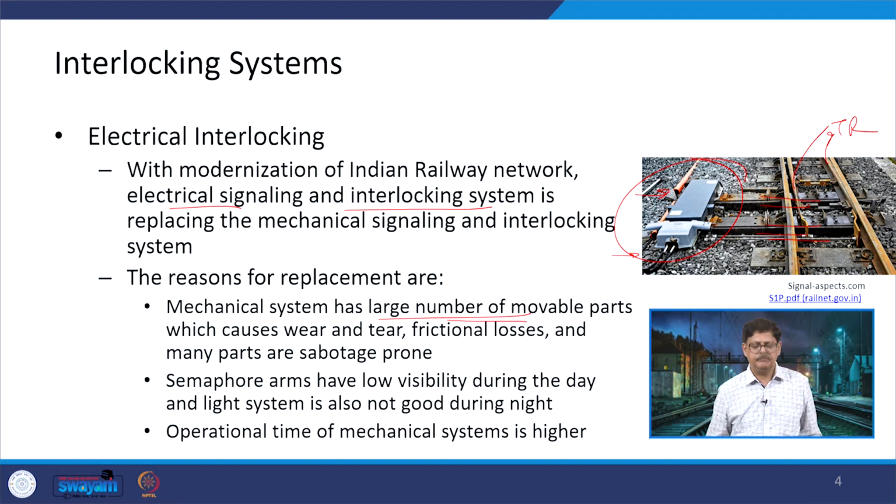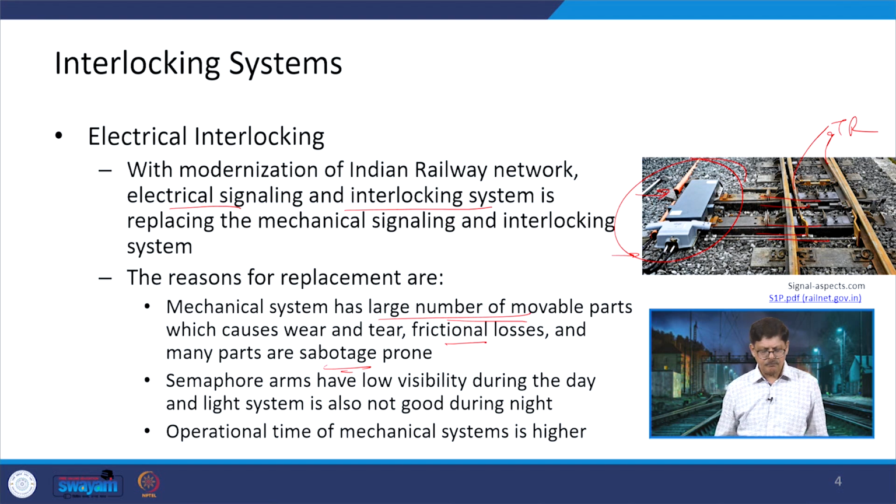There may be wear and tear, there may be a failure, there may be losses because so many connectivities are there, one attached to another. When you operate them, certain frictional losses can affect the system, or some of the parts are such that somebody can take them out also. So, there is a possibility of sabotage.